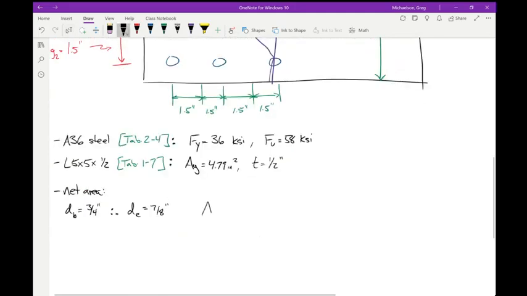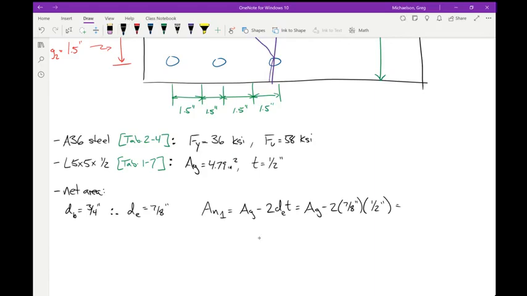So net area 1 is going to be the gross area minus 2 bolt holes. So the gross area minus 2 times 7/8 of an inch times 1/2 inch. I should have plugged the number in there. The gross area, we just looked that up. That's 4.79.